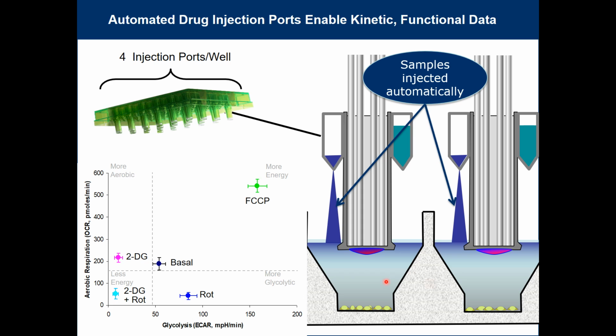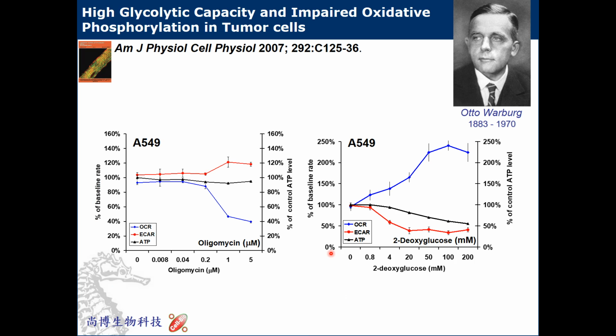And we can measure the cell metabolism change before and after the drug injection. Also, we offer a series of drug injection protocols like the mito stress test and the glycolysis stress test for you to make more significant differences between each experiment group.